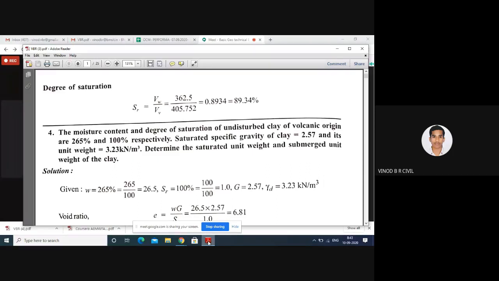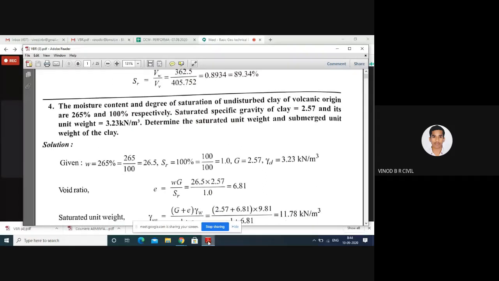You have to calculate the saturated unit weight and submerged unit weight of the clay, when it is completely submerged.